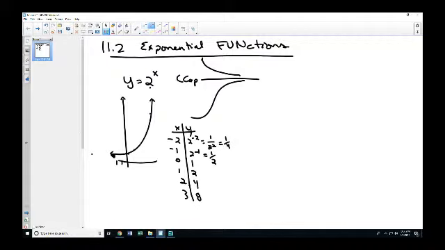We can write it like that. This is our start value. If you have a number in front of the exponential, that's your starting value, that's your y-intercept. So that would be this number right here.